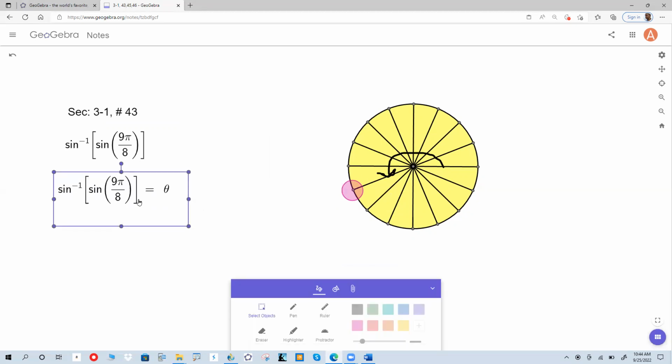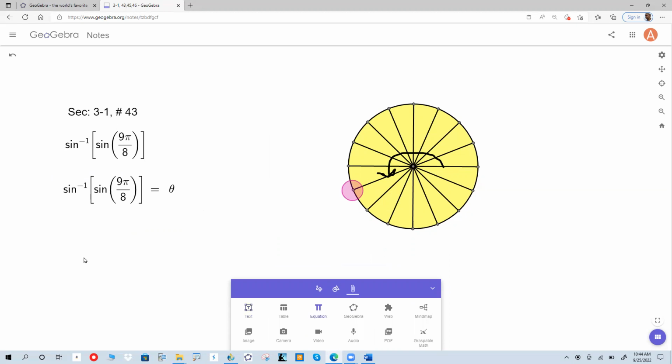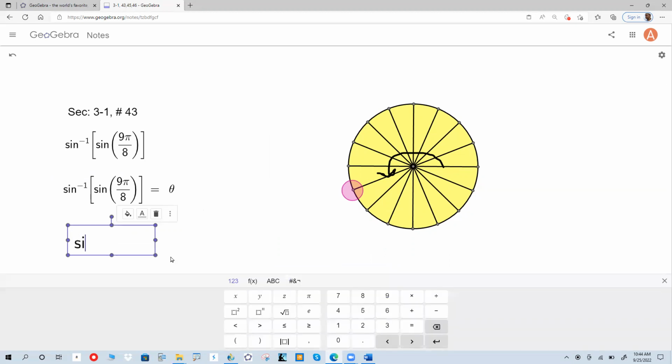I understand that. By applying the definition of inverse function, I can say this: sine theta equal to sine 9 pi over 8.